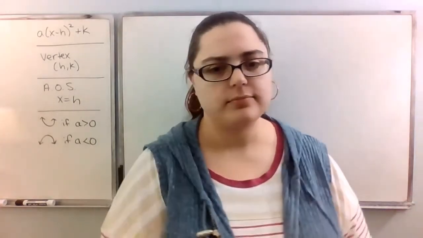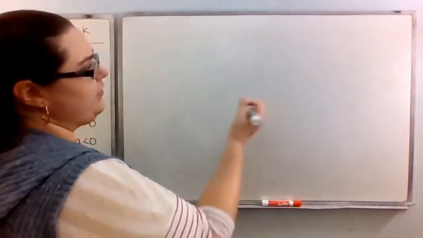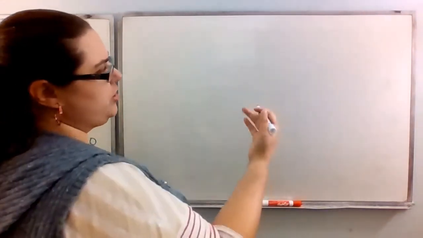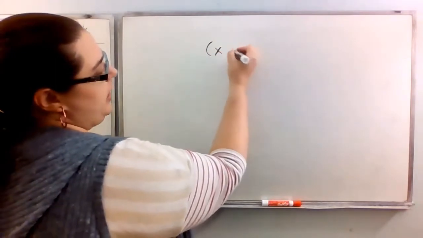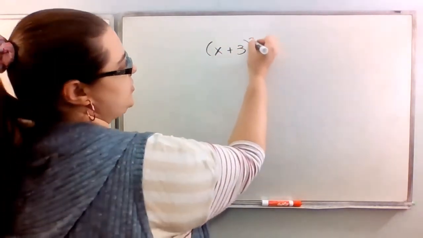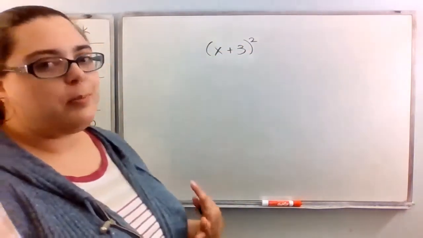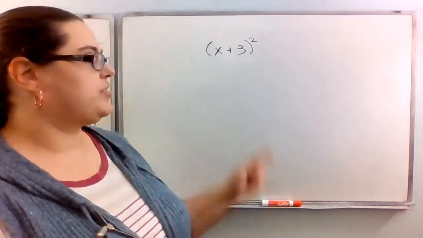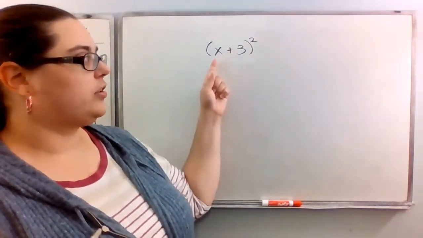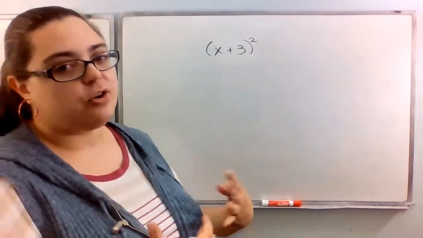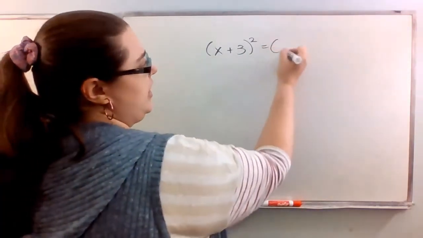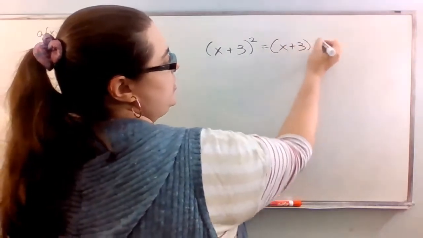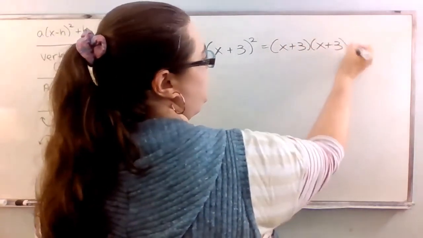If you have a perfect square, something like (x plus 3) quantity squared, remember that you can't distribute exponents over addition, right? So if I was going to expand it out, I would think of it as x plus 3 times x plus 3.